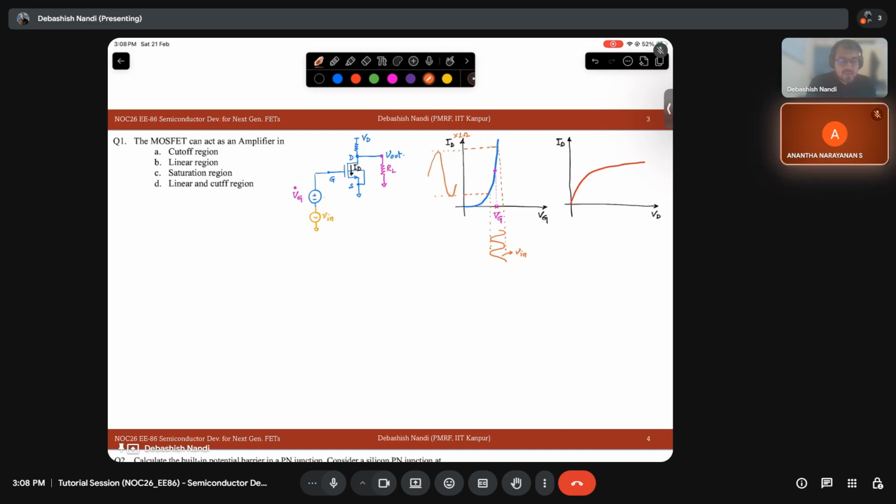Yes, sir. So first thing is that you can directly see that this curve is called transfer characteristics, because this is transfer from input to output. This curve is called output characteristics. Okay. By the way, how do I check my amplification in case of output characteristics? If I change my gate voltages, what kind of curve we get?